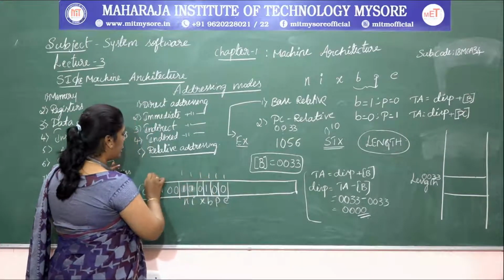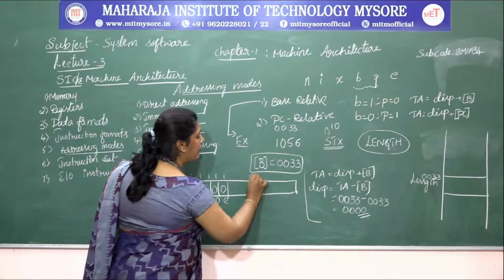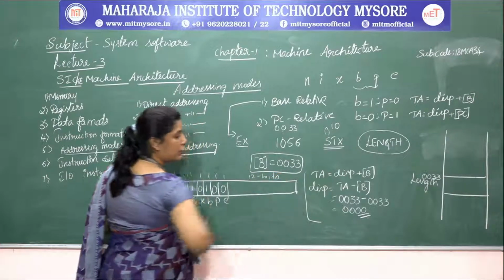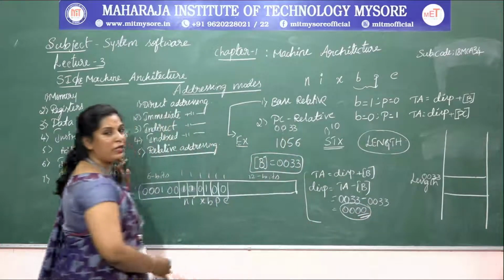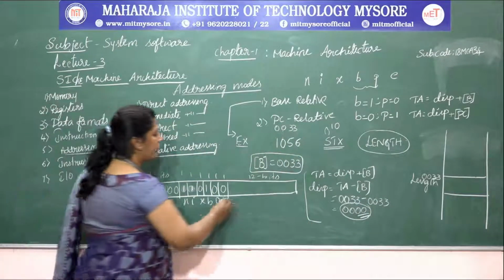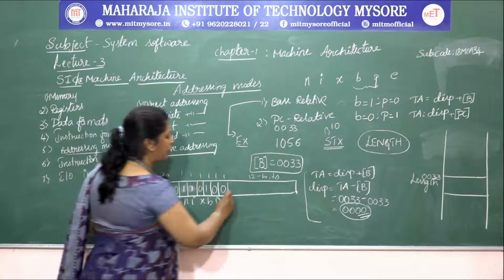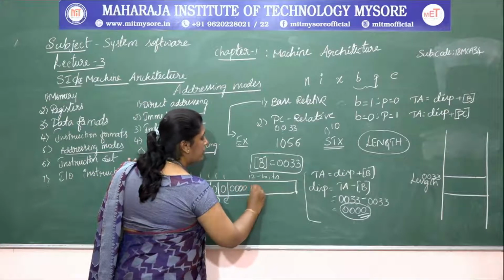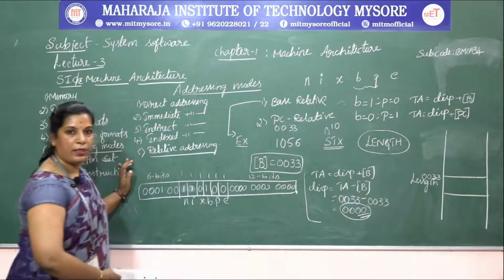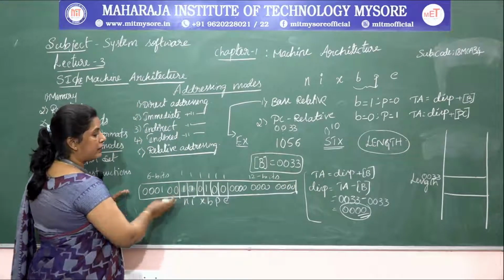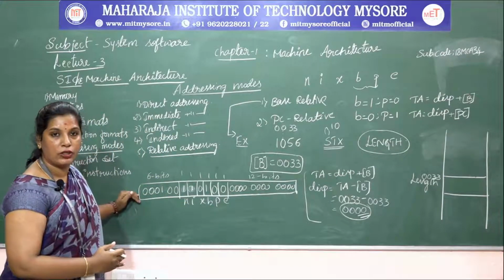There are 6 bits used to represent the opcode. The remaining 12 bits are used to represent the displacement. What is the displacement value we got here? 0. It is 12 bits in length, 3 hexadecimal digits, so we just write zeros: 0, 0, 0. This is how it gets all the information by using the instruction format.